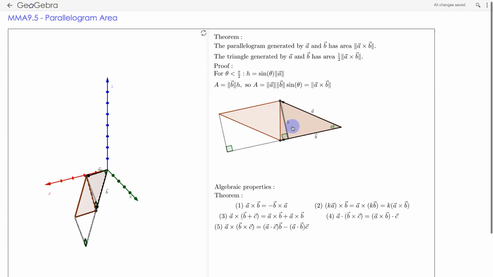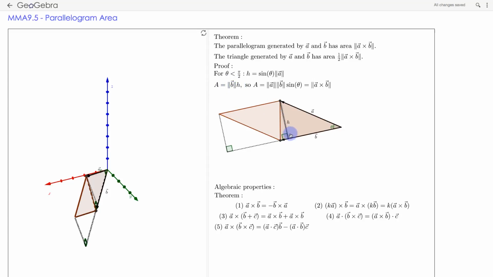So clearly the area of this dashed rectangle here is just base times height. How long is this? Well, clearly this has length b, right?